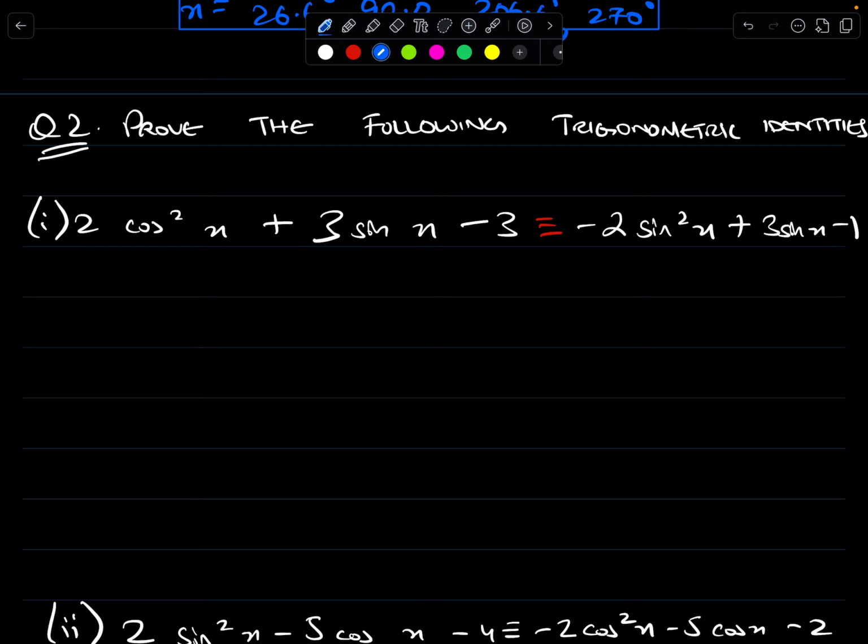But before you start solving, just realize that everything on the right hand side is in terms of sin. Thus, we need to convert this in terms of sin. The left hand side should also be in terms of sin. So, replacing this, we have 1 minus sin square x.